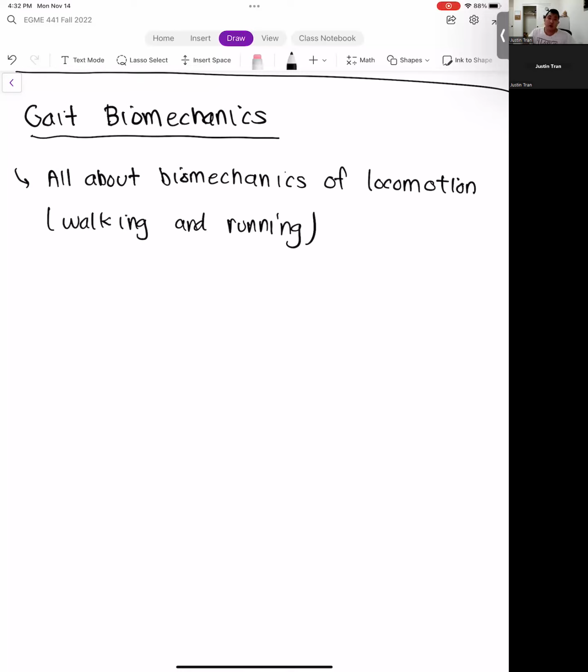Okay. All right. And so what we started with was what I called the walking gait cycle, and so the typical stages, the typical events that occur as you walk from one point to another point.